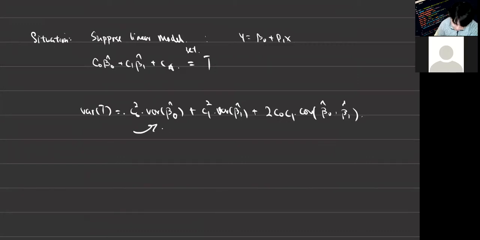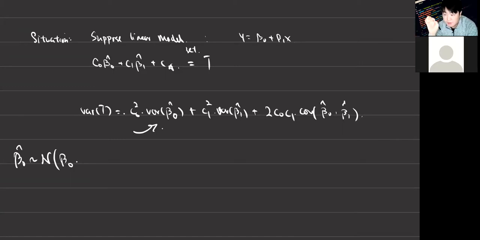This actually comes from beta 0 hat, so you can take a guess that it's beta 0. In other words, beta 0 hat is unbiased. One important theorem, or characteristic, of the linear regression model is what?